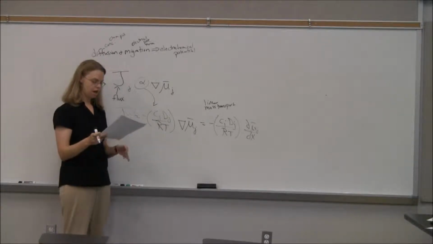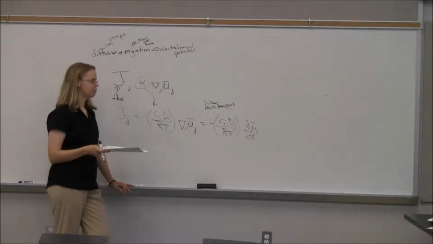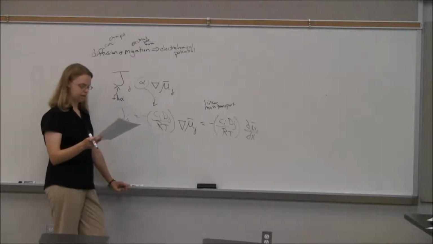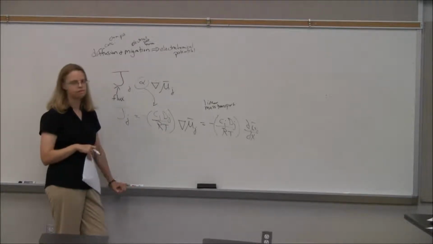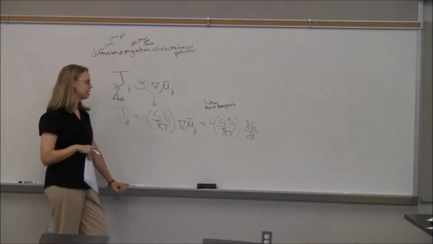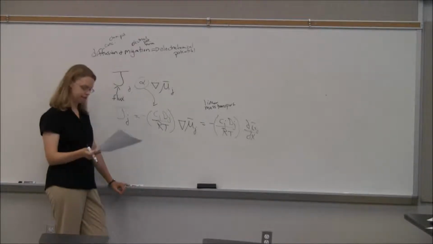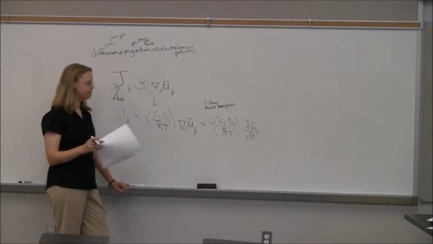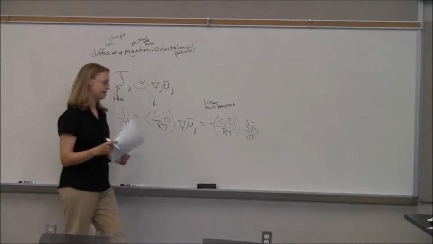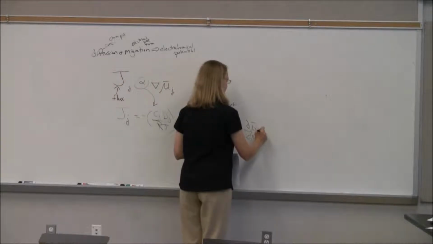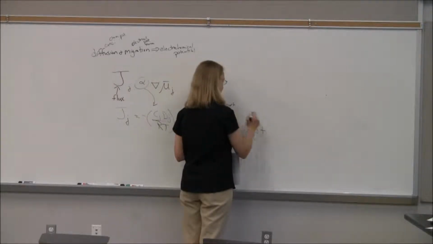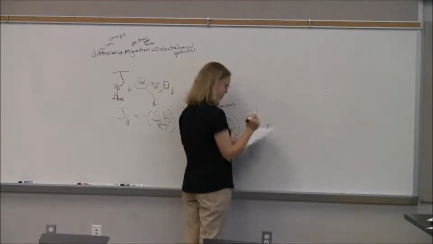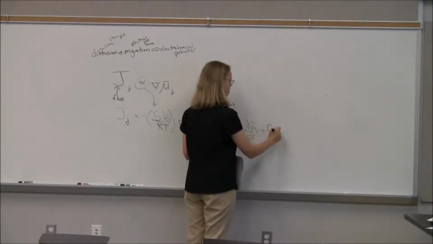Okay, but we haven't really done anything with a convection term. Like I said, we can put both migration and diffusion into those two terms. And if we want to add convection, we just need some sort of concentration, and then some sort of velocity. We're going to call it velocity of flow here.